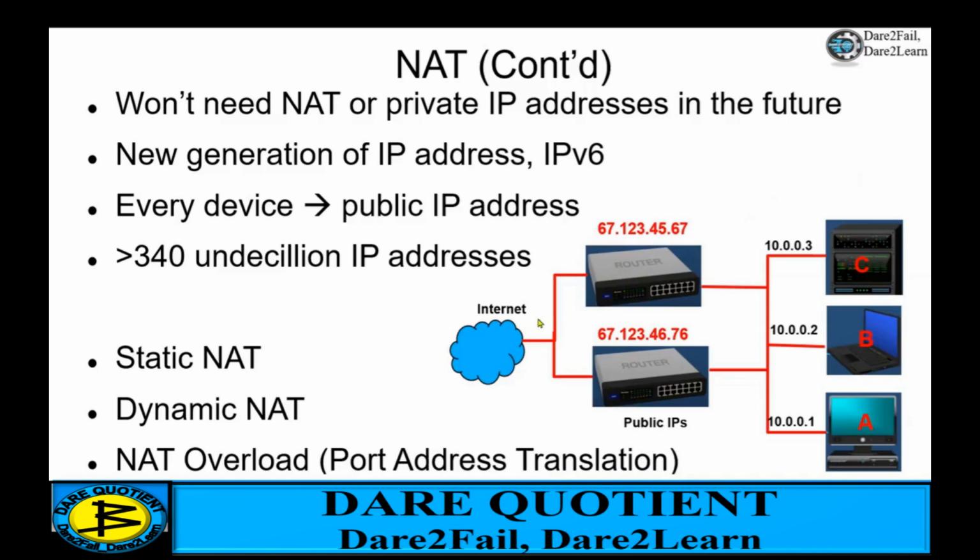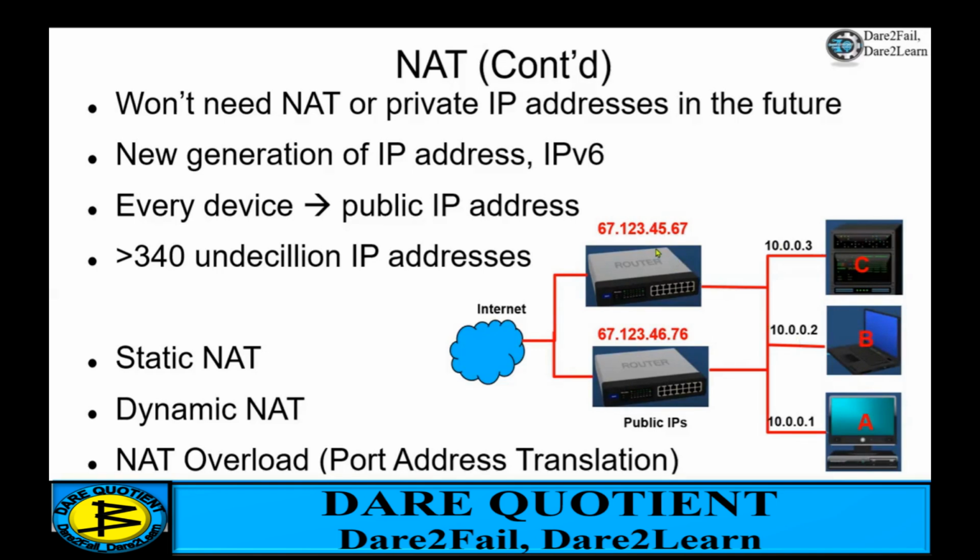With dynamic network address translation, as in this diagram, let's say you have 3 devices and 2 routers. The 2 routers have the public IP addresses to reach the internet, and the devices have private IP addresses. Whenever a device sends a request, the IP address used on the internet is based on the availability of the public IP. Let's say device B sends a request to reach the internet.